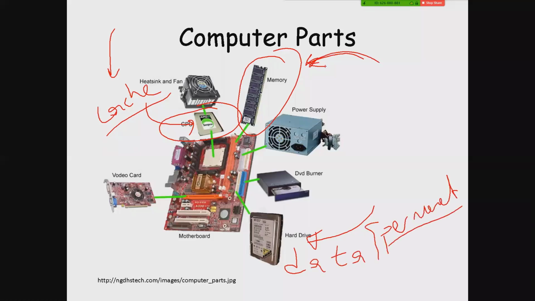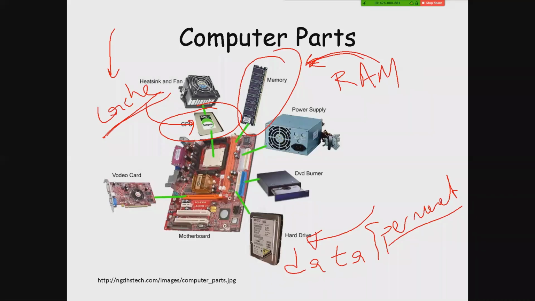The memory, another word for memory is RAM, and your CPU cache, they are transient in the sense that if you run out of power, if you don't have a battery and you just unplug your computer, everything that's in the memory and the CPU cache is going to get wiped out. When you restart your computer, it starts fresh again, and any data that you had there is lost.